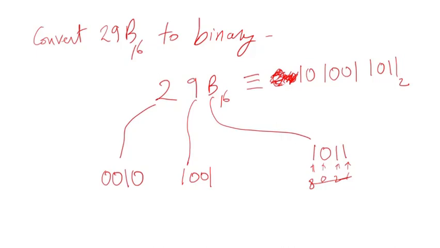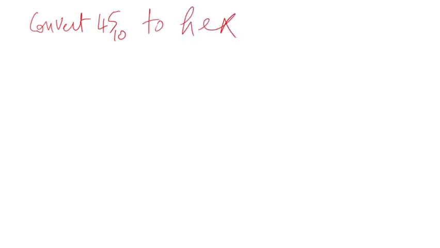So now, let's convert 45 in decimal, this is a decimal number or base 10, to hexadecimal.